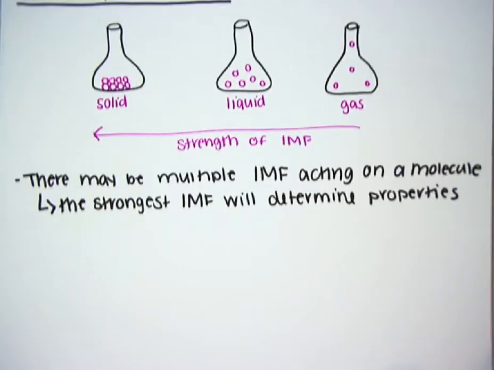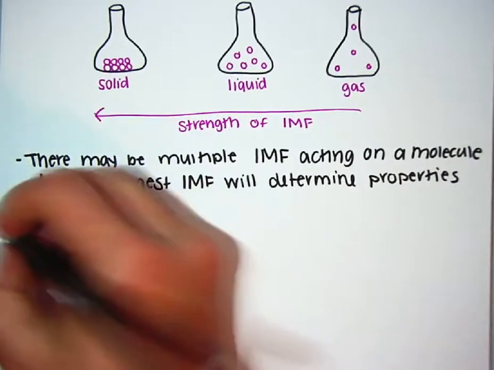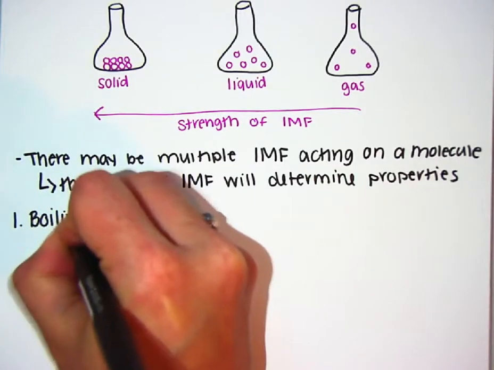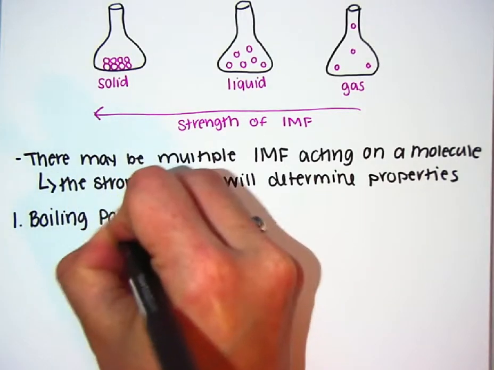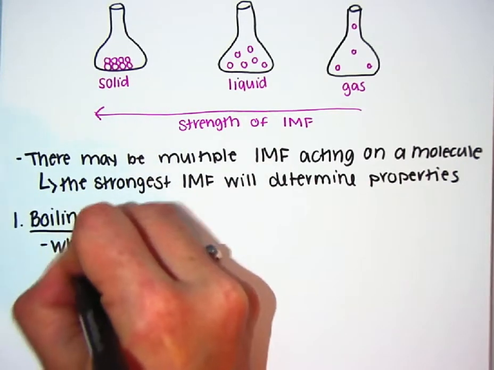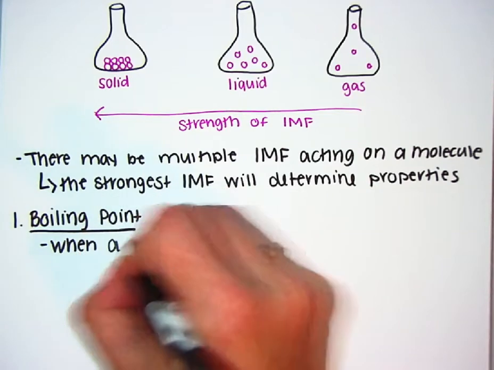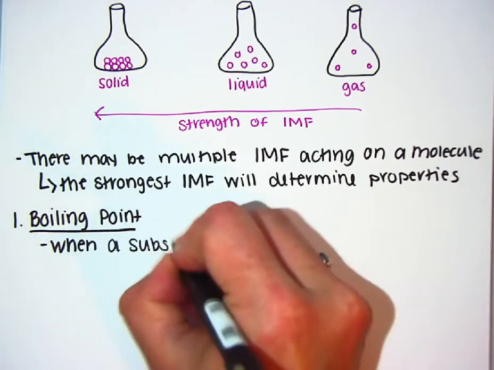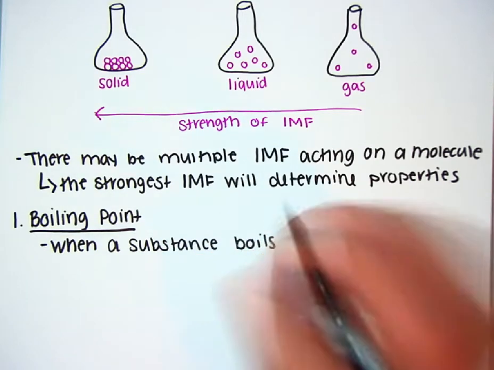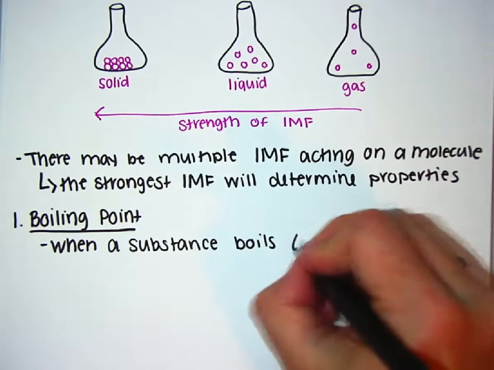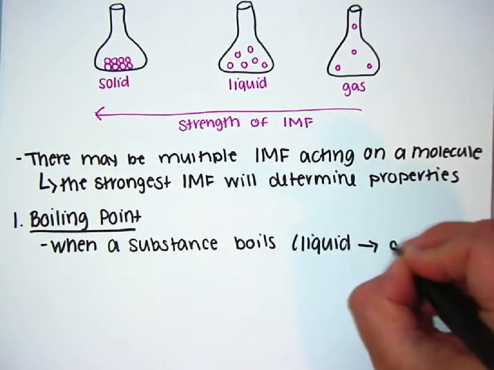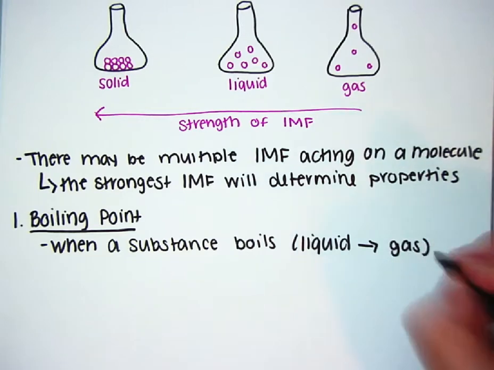The first property that we are going to talk about is boiling point. So first, what happens when something boils? When a substance boils, we're going from a liquid to a gas.